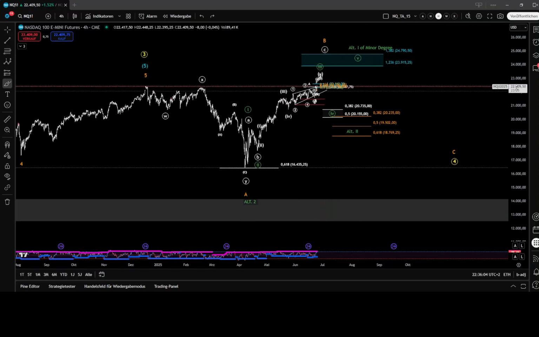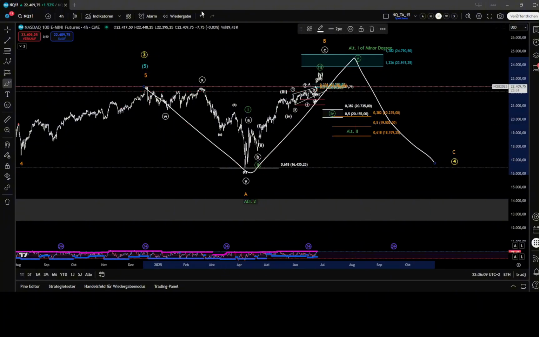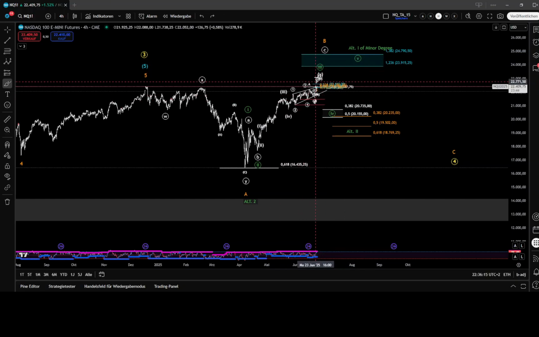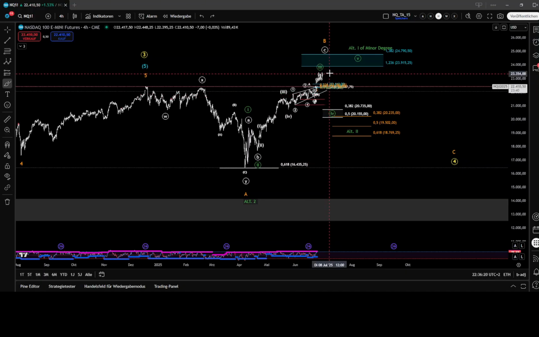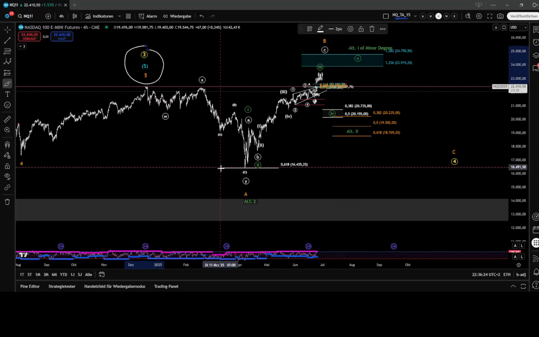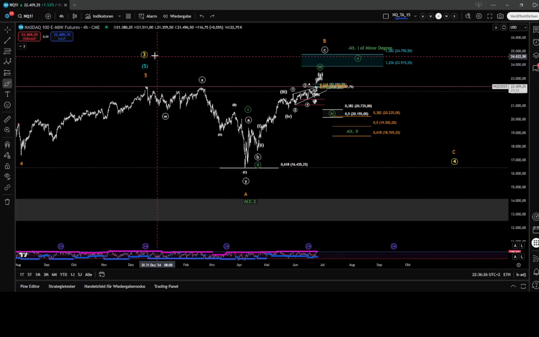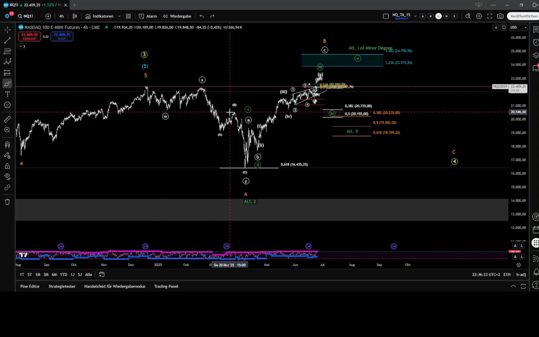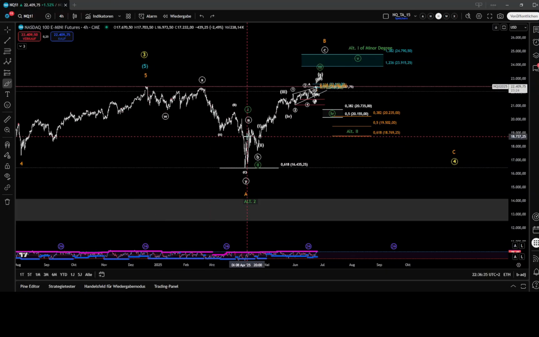And this B wave, because the fourth wave of primary degree consists of an A, B, C structure, can only be now an irregular overshooting B wave, due to the highness of this move to the upside. Please don't focus too much on the degrees right now, because I think I will make an update on the weekend about probably an alternate scenario that is in play that would be much more bullish.